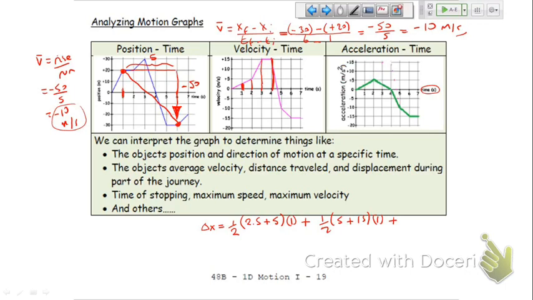And then the third bit is a rectangle, so it's just 15 times 1. And so my delta x is equal to 7.5 divided by 2, which is 3.75, plus 20 divided by 2, which is 10, plus 15. If I did my math right, that's 28.75 meters, and it's positive because it's all above the axis.